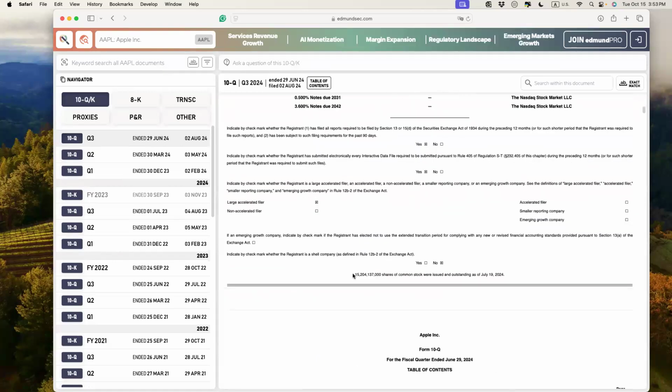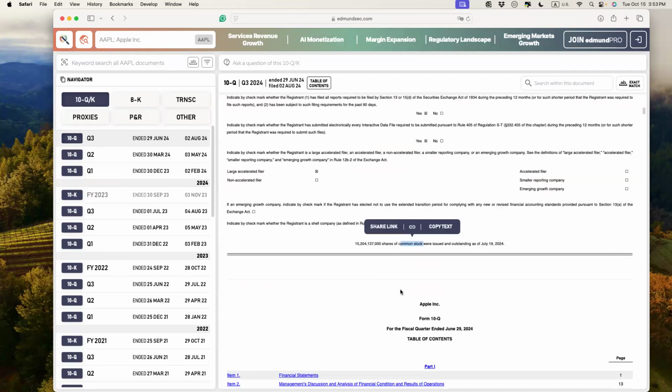Basically, the difference between the basic shares and the diluted shares, you just have to check if the company issued any restricted stocks or stock options that will eventually or potentially be converted to common stocks at a certain point. So you just need to add those back to get the diluted shares.